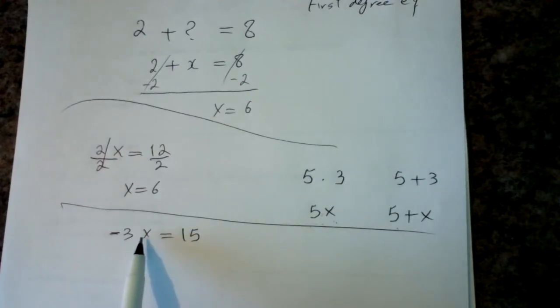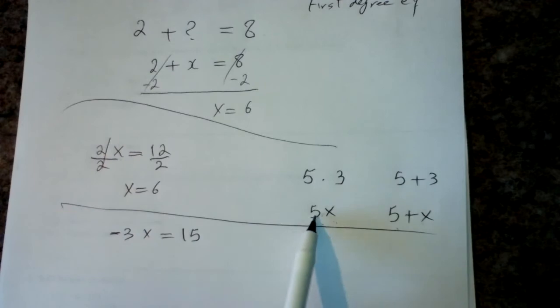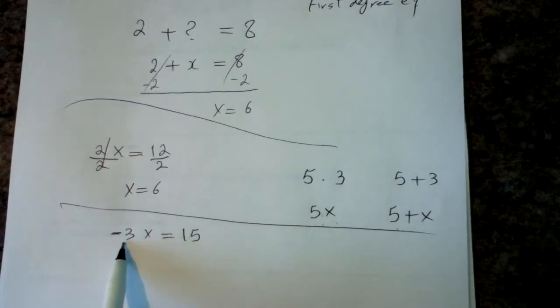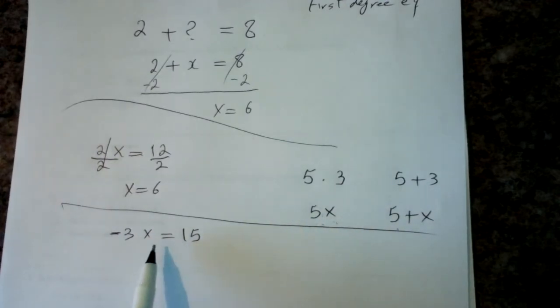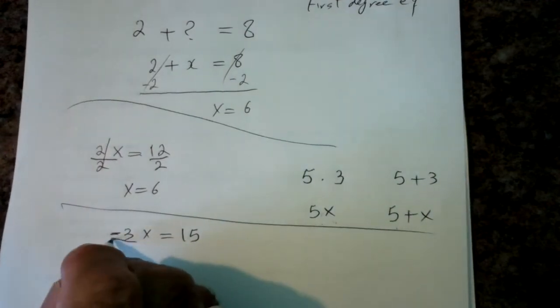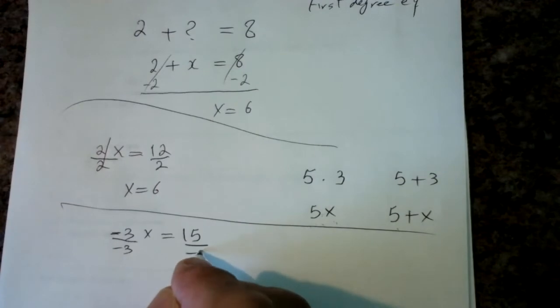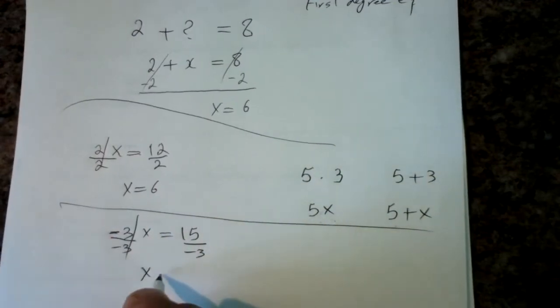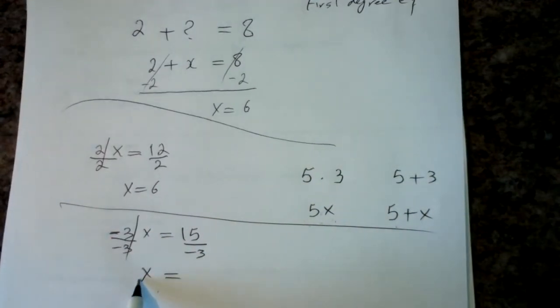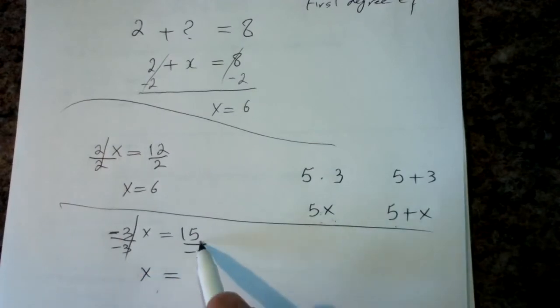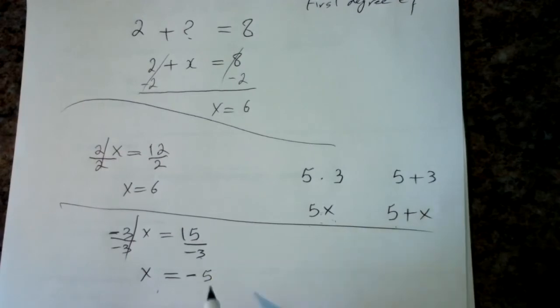Between 3 and x, do you see a plus or minus? No, so it's multiplication. -3 times what number is 15? Again, to find x by itself, or isolate x, you divide both sides by -3. So on this side, I have just x or 1x, and 15 divided by -3, if you use your calculator, is -5.